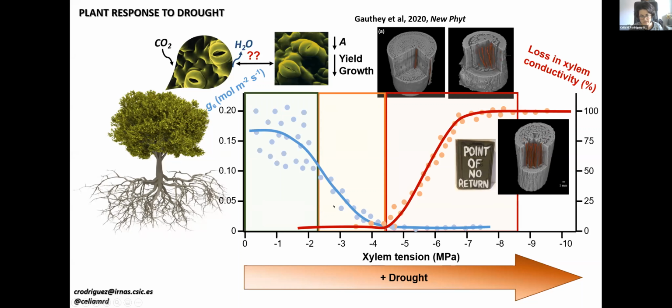So if we look at this decline in gs, we may think that gs is somehow independent of what is happening in the hydraulic conductance.